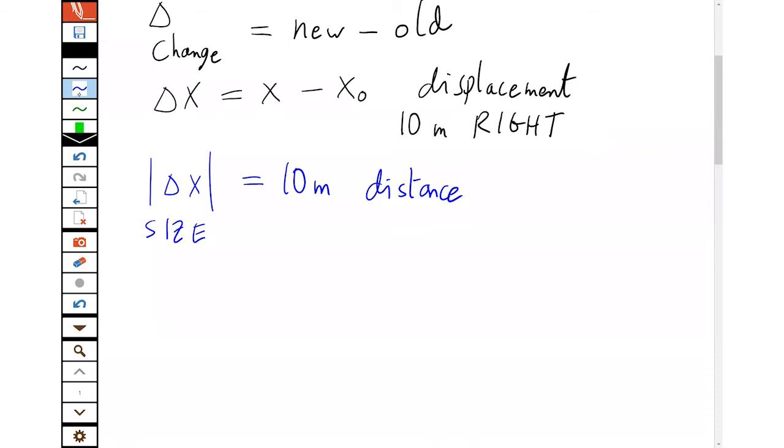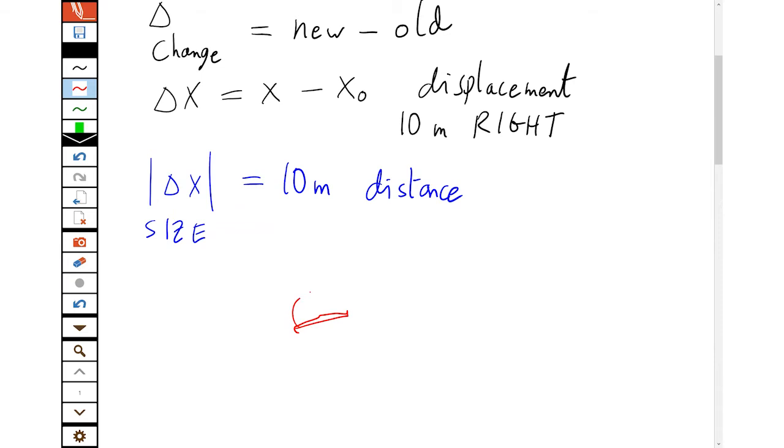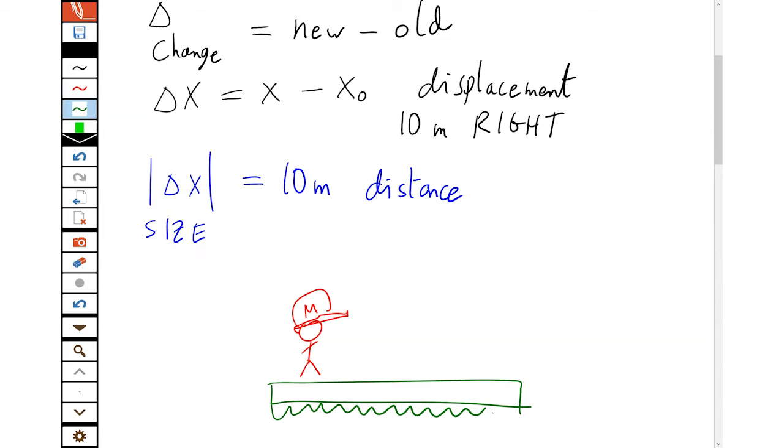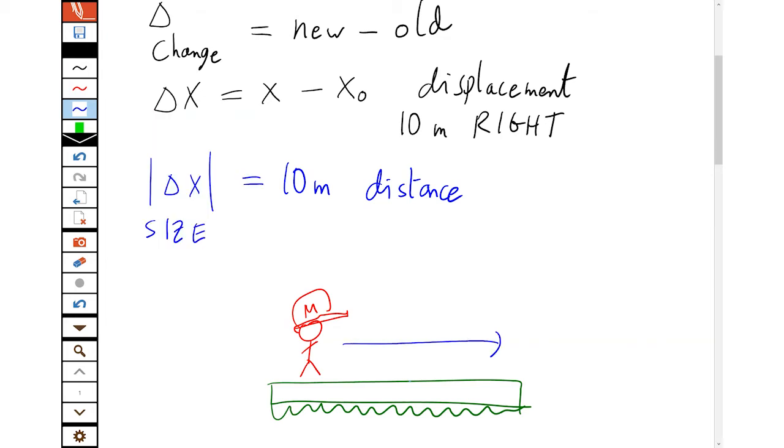For example, let's imagine we had our little Mario. M for Mario. I can't draw very well, so there's a stick figure, just standing on the edge of that area. Now, if Mario was suddenly to move 10 meters distance, well, that could go right or wrong. Literally right, he'll be okay. Left is wrong.